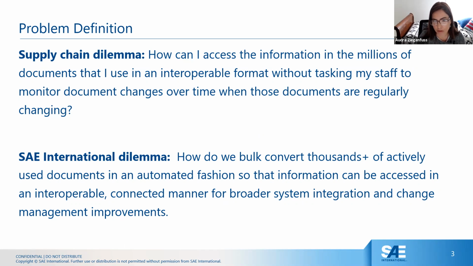How do we do that in an automated fashion so that information can be accessed interoperably and connected to our users' internal systems, so that they can have a broader system integration and also improve change management? As this data is changing, how do I manage my internal systems?